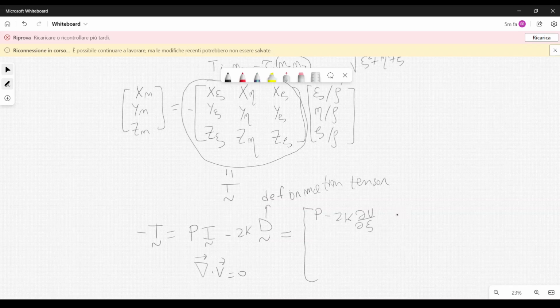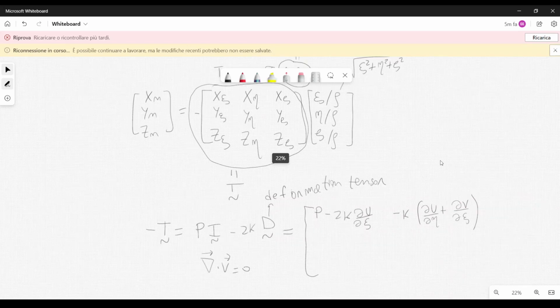Then the entry on the first row and the second column is minus K du d eta plus dv d xi.